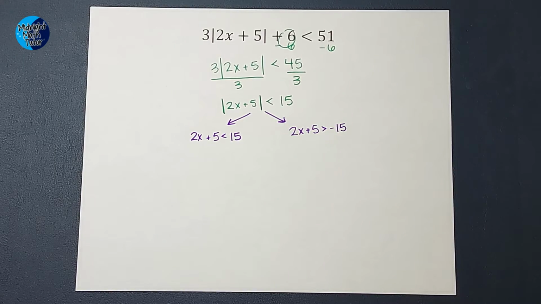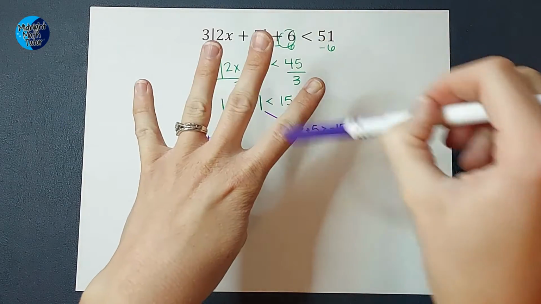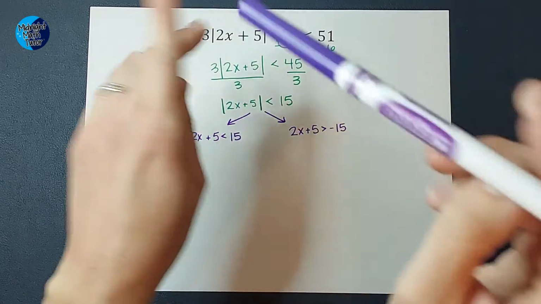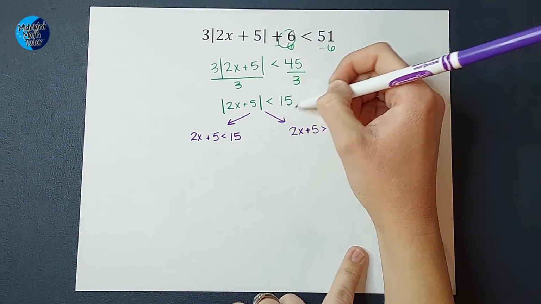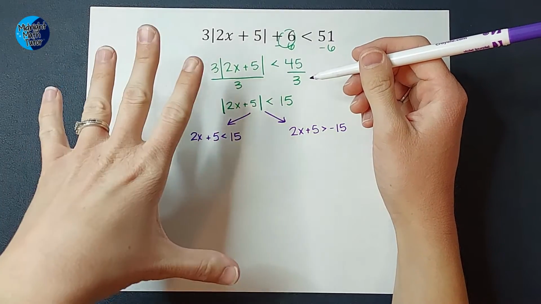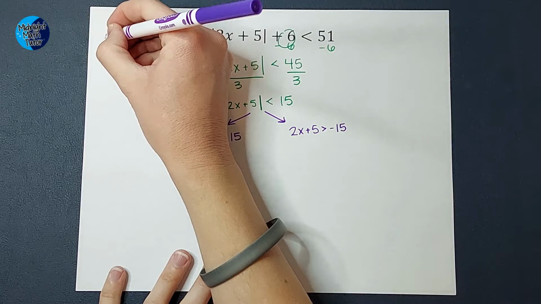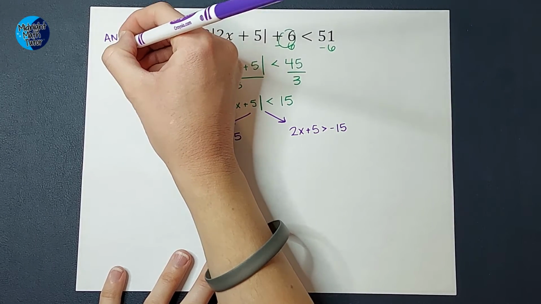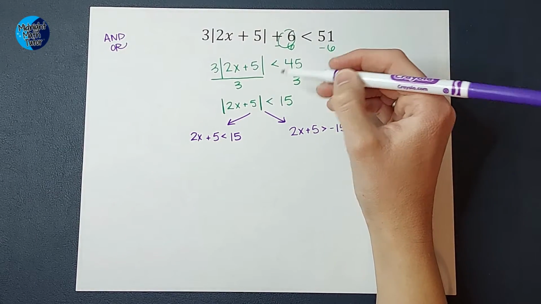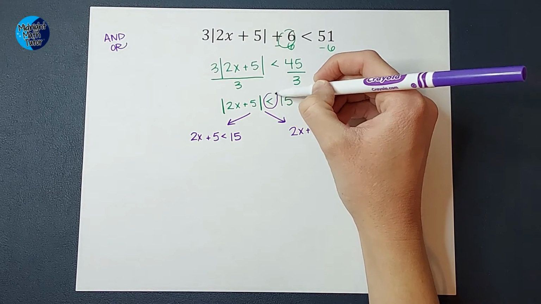Okay, the other thing I need to know, remember I said there were 4 possible answers. Well, the no solutions and all real numbers have to do with if this 15 up here were negative, okay? It's not negative, so we don't have to worry about those 2. We just need to know if it's an and inequality or an or inequality, okay? So to know that, one way to tell is to look at this sign here, okay?